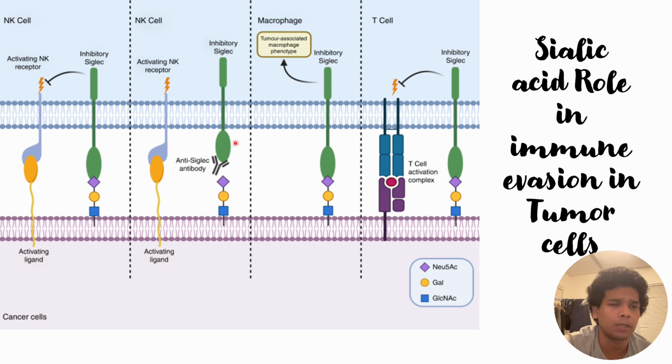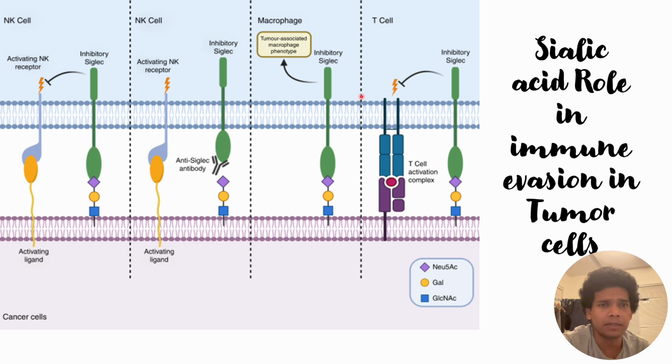Because there is no interaction between the siglec and the sialic carbohydrate structure, the inhibitory siglec is not activated, and the natural killer cells will be able to perform their function and activate the response in the tumor cells.